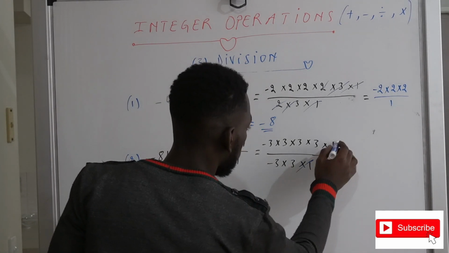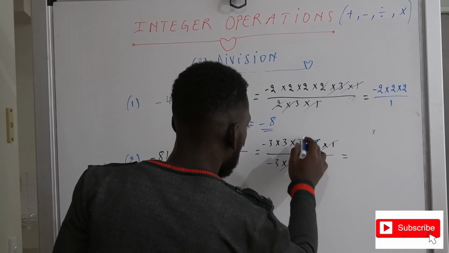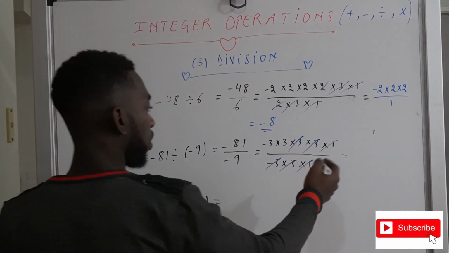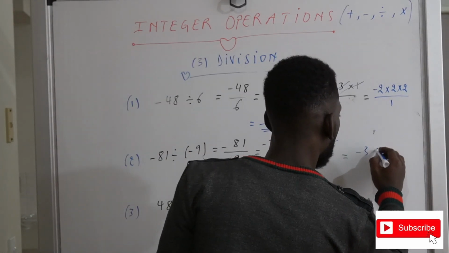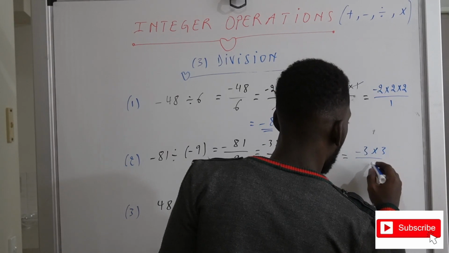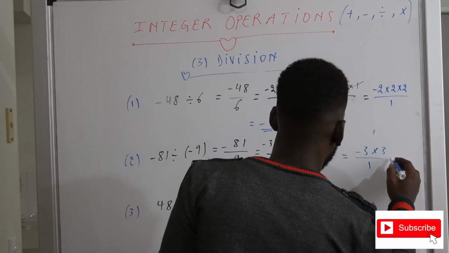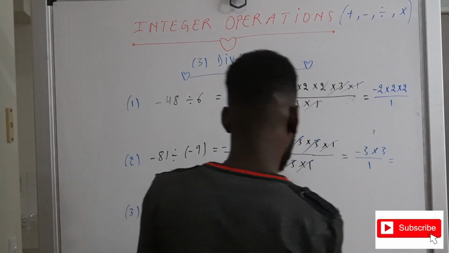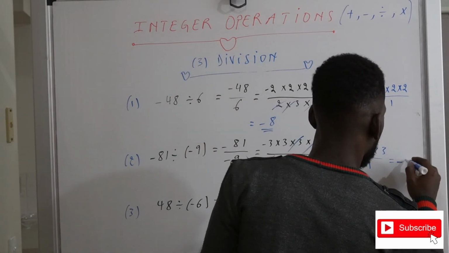This and this, this and this, this and this. What you have left is negative 3 times 3 over 1, which is the same as negative 9.